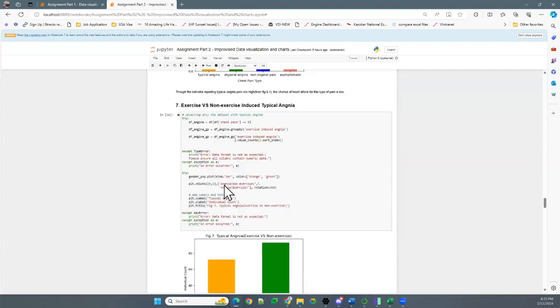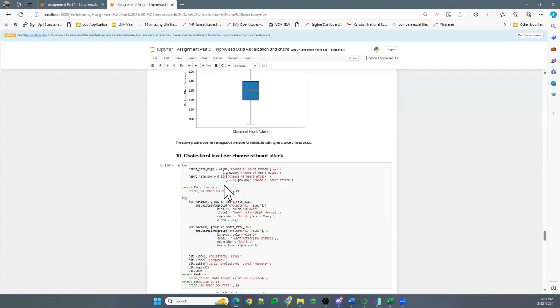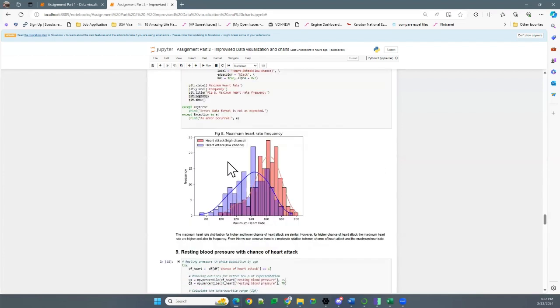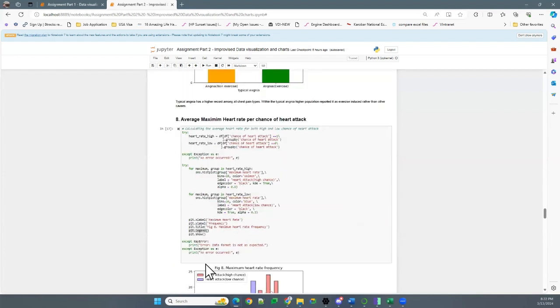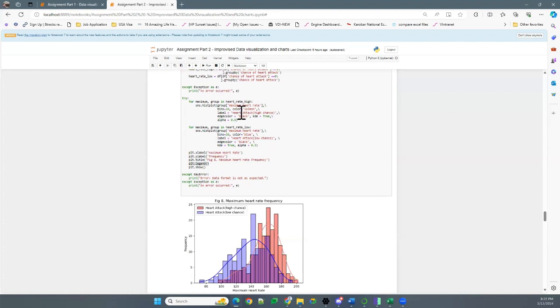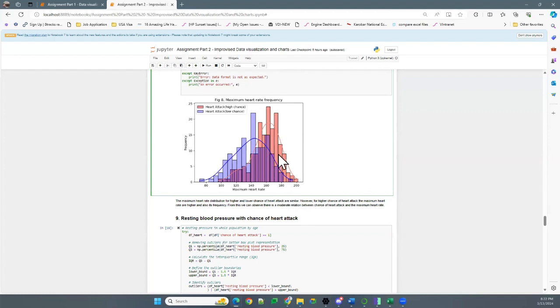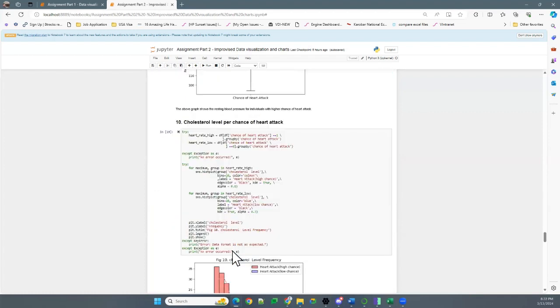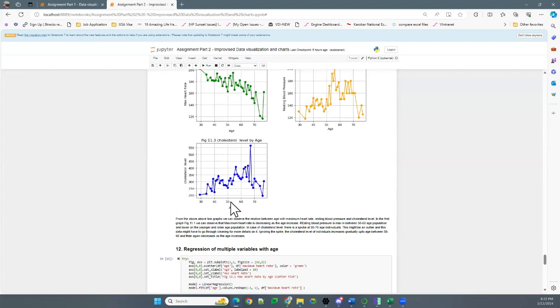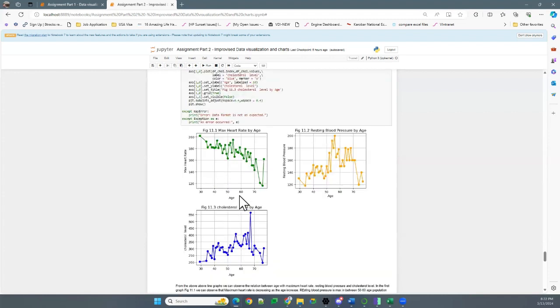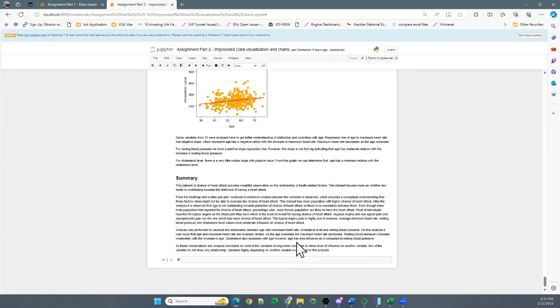Let me go a little down to show what I did on this graph. For this graph, I have added the legend and also added the transparency level for the overlapping data. And lastly, I added space between the legends and the subplots for a clearer understanding.